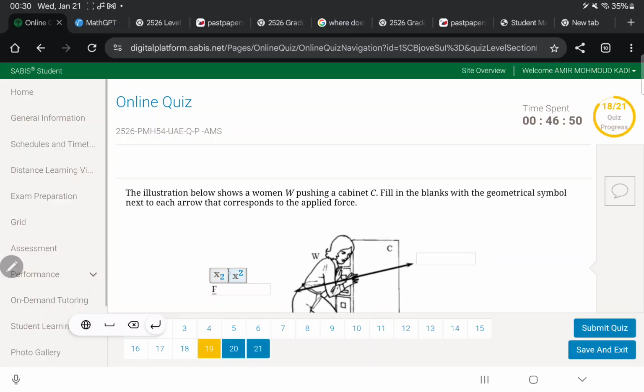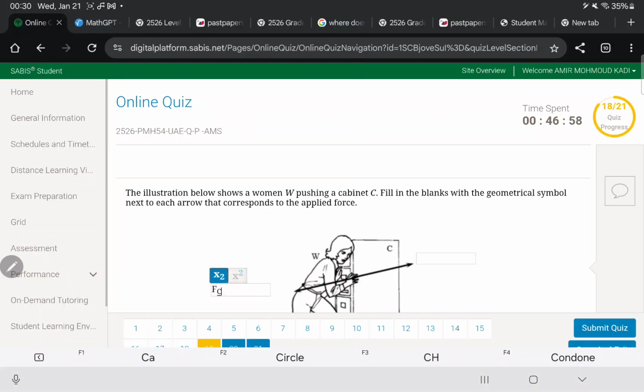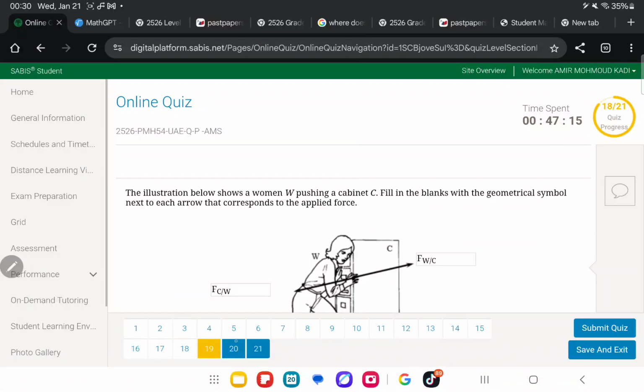So F, this is when the cabinet is on the woman, because you see how the arrow is pointing over there, on the woman. So it's cabinet on woman, and over here is force woman on cabinet, because the arrow is pointing from the woman to the cabinet.